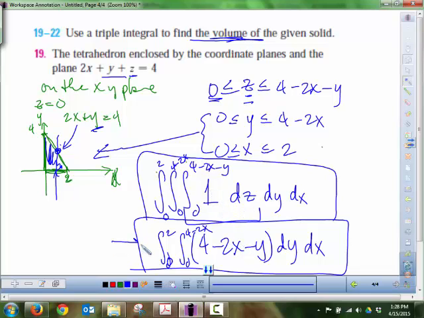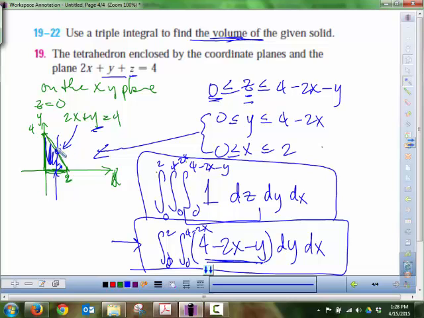But instead we could have set this up as a double integral, if we knew that the surface is this plane up on top and you want to find the volume below this surface.